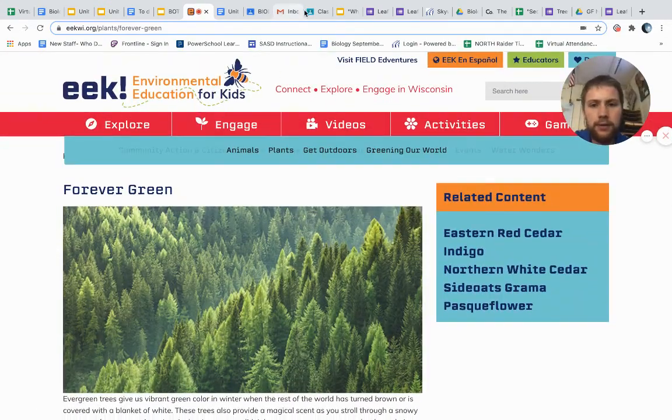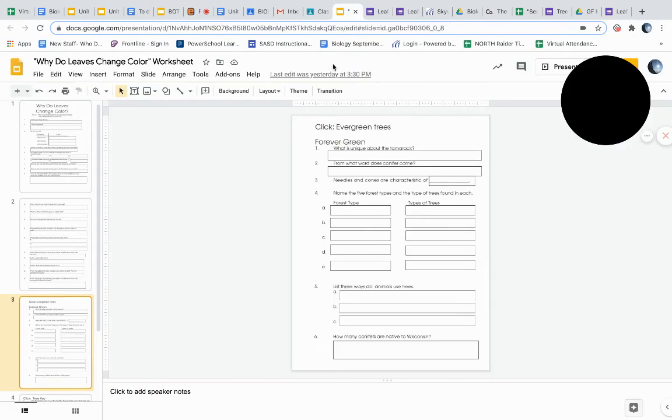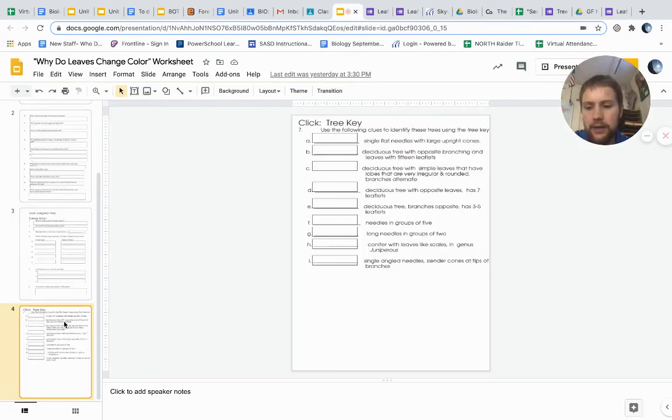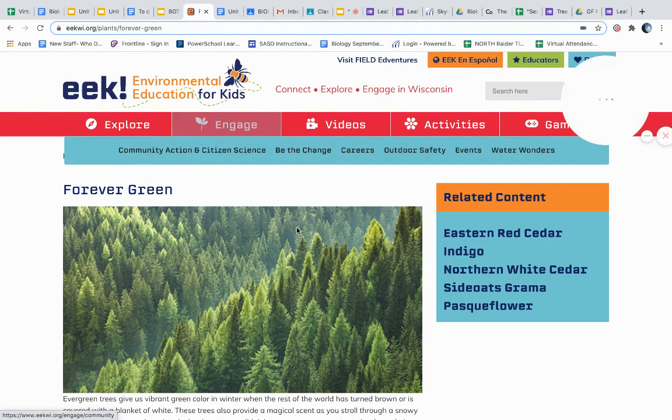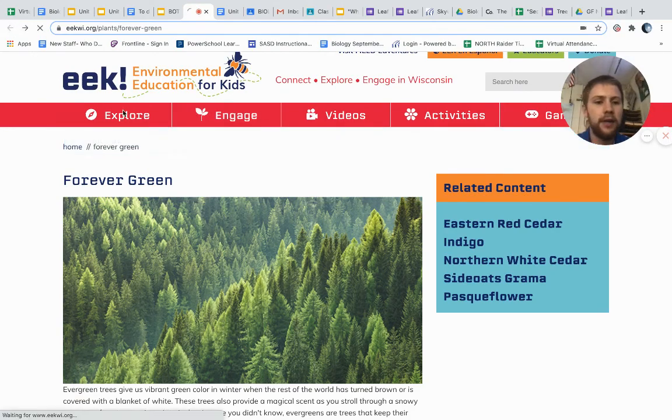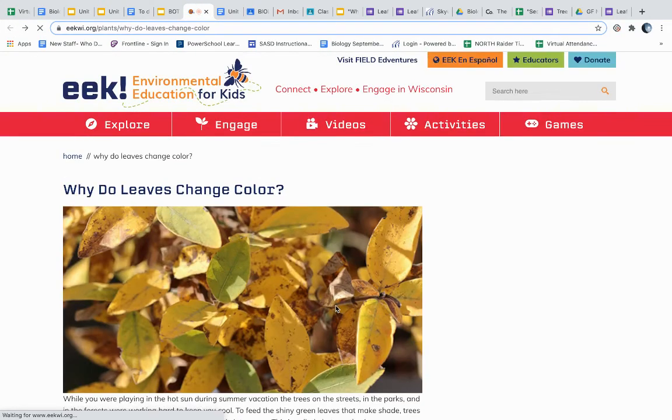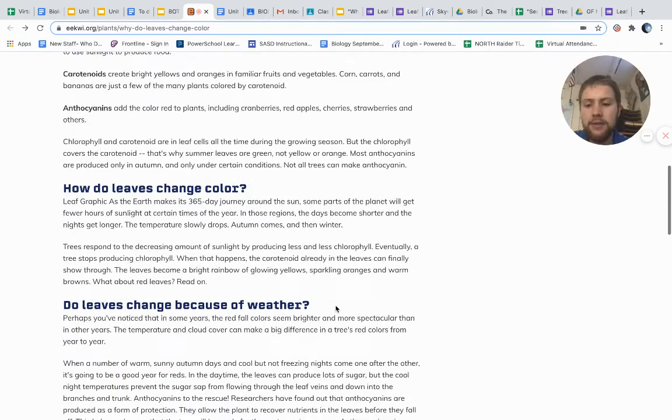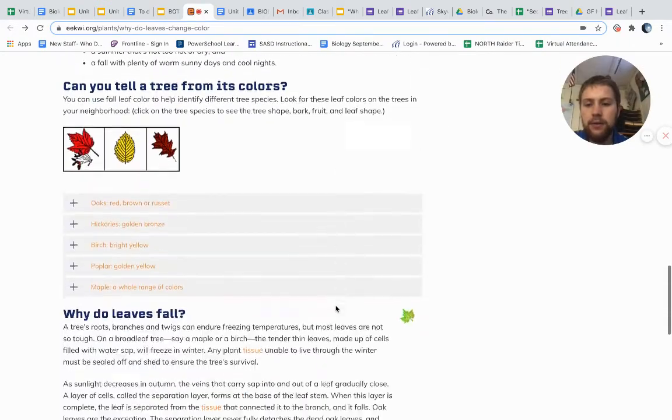So just follow those instructions as you would. And then at the end, it'll ask you to identify trees. So this is a good activity that corresponds to what we've just done. Not so much with identifying species, but identifying leaf types, and why they change color is kind of another related topic. So let's see if we can find that right away.